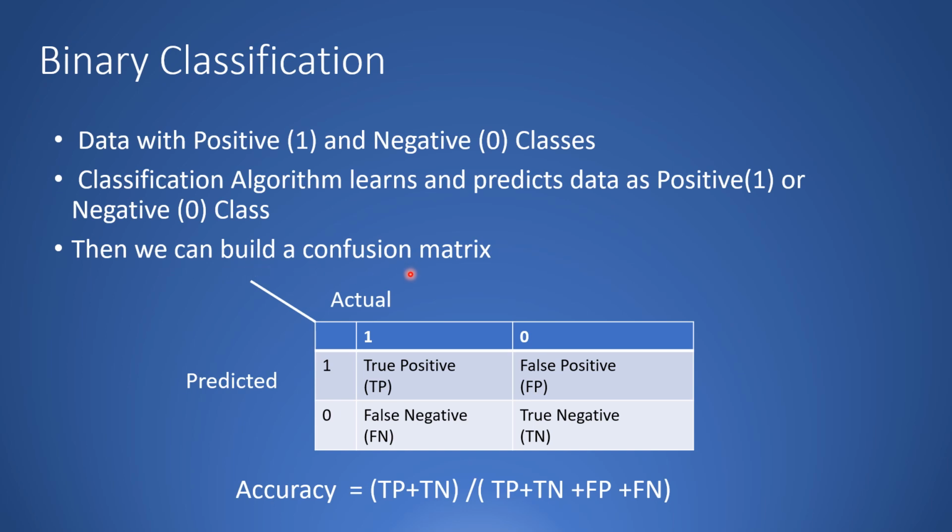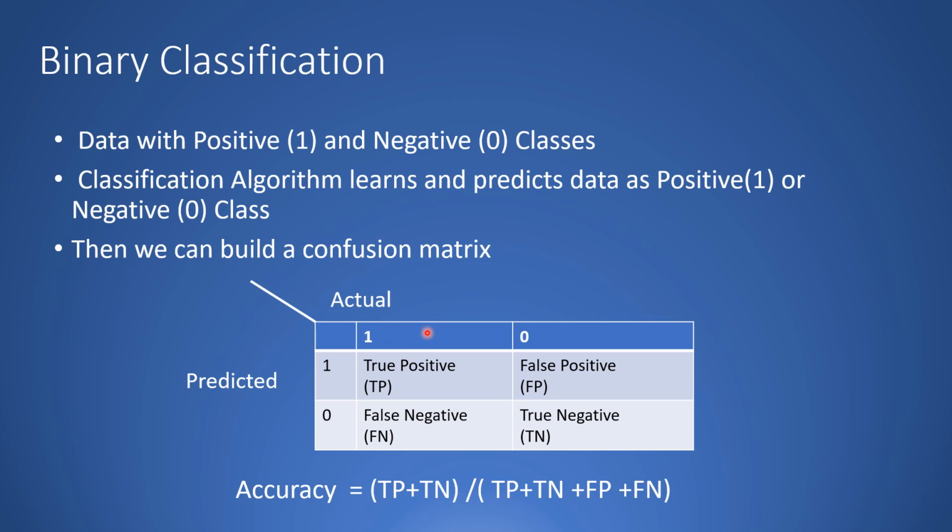So how does the confusion matrix look? If you look at the confusion matrix over here, you have your actual condition. Here you have your predicted condition, which is the condition predicted by our machine learning algorithm. And this is for the entire population.